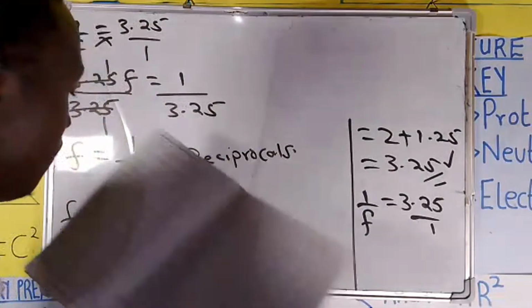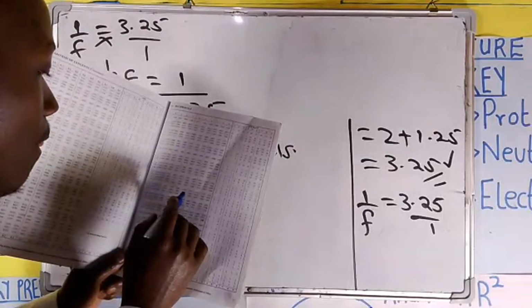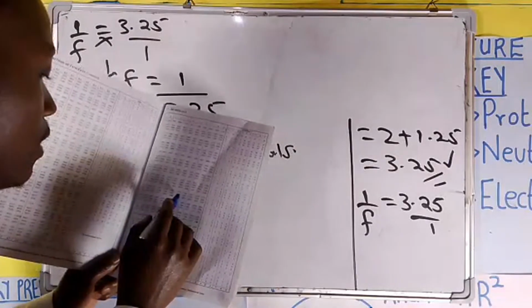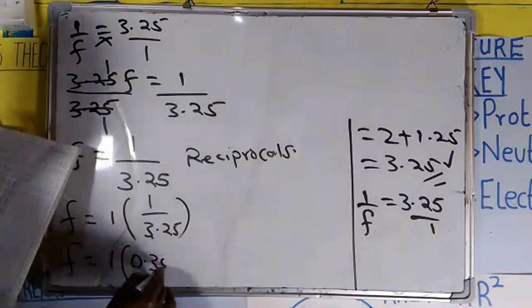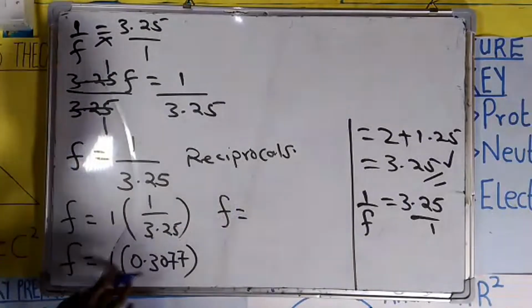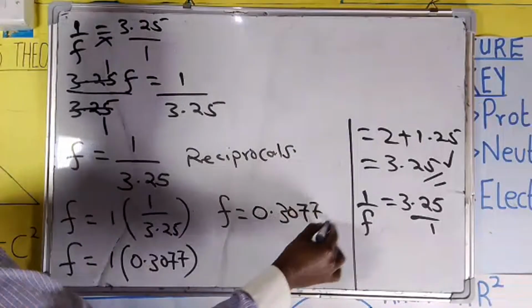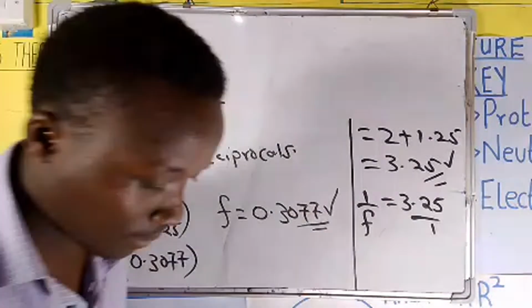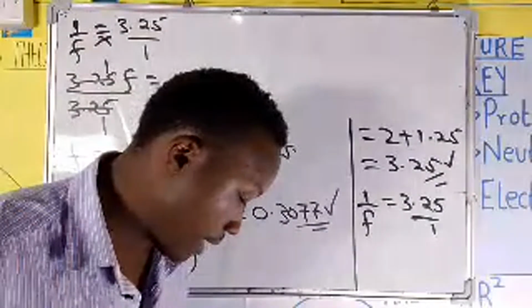The reciprocal of 3.25 is 0.3077. So our f will be equal to, when you multiply the two, 0.3077. That will be our f.